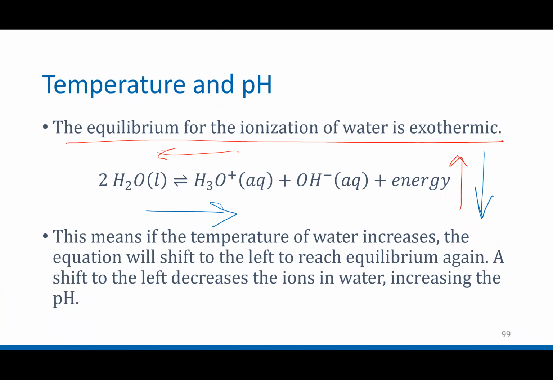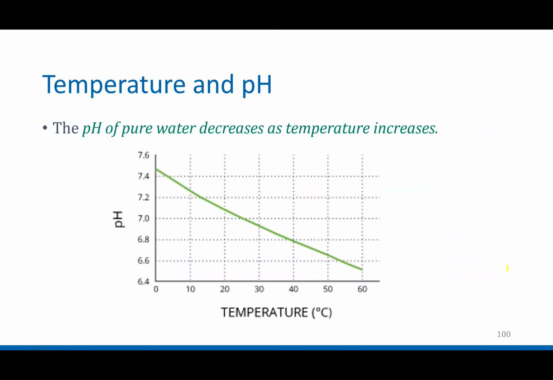And again, this is having an effect on my ion concentrations, so this is changing the pH of the water. If the temperature of water increases, the equation shifts left. A shift to the left would decrease the ions in the water, increasing the pH.